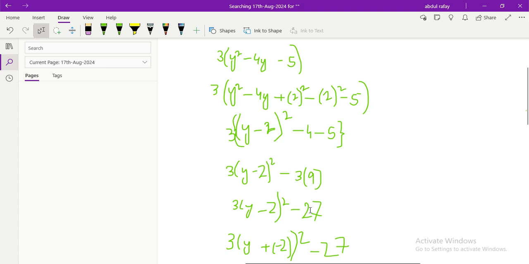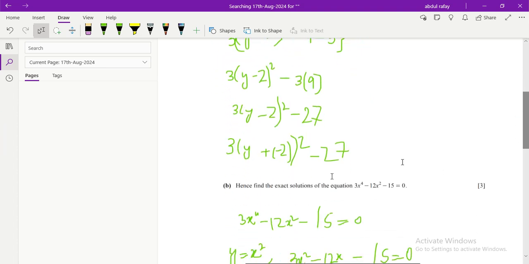When you multiply this, it becomes minus 27. So 3(y minus 2) whole squared minus 27 is the required transform.